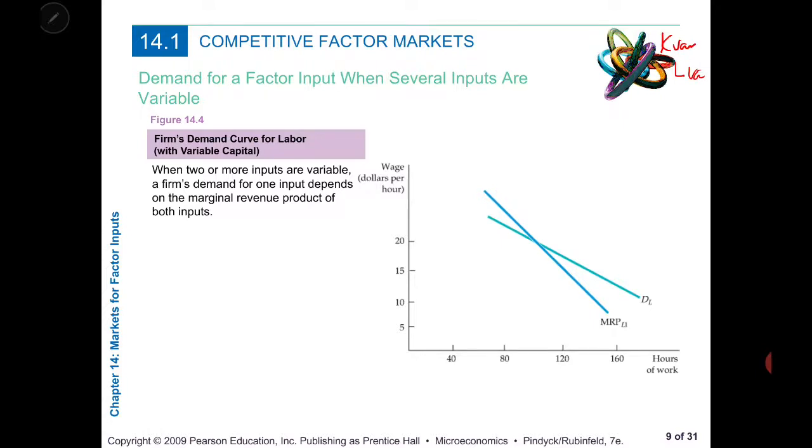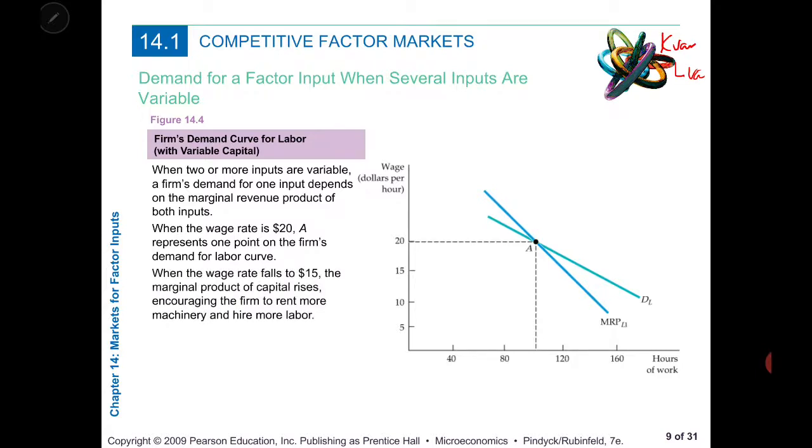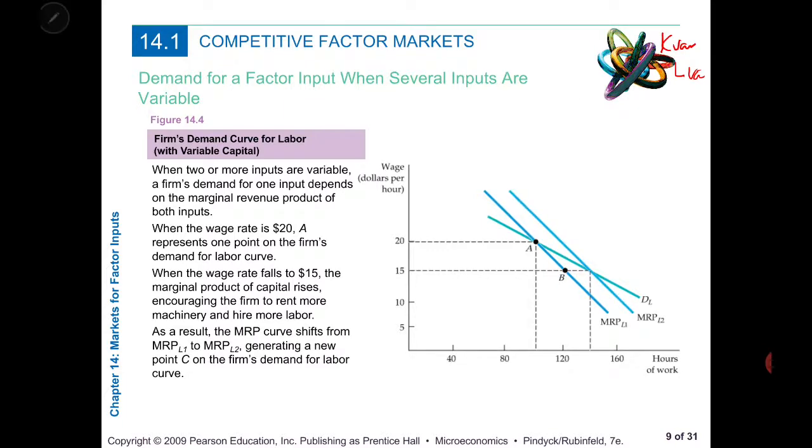In this first example, you start with wage equal to 20, and with the supply curve, the equilibrium is at A. Okay, but when wage declines to 15, you start with an equilibrium, right?